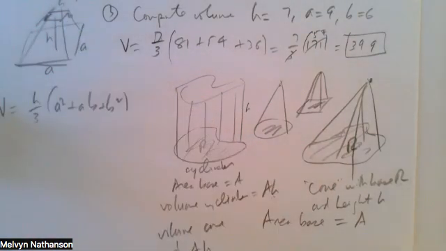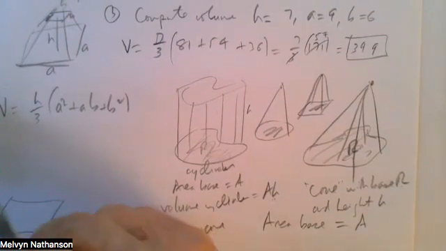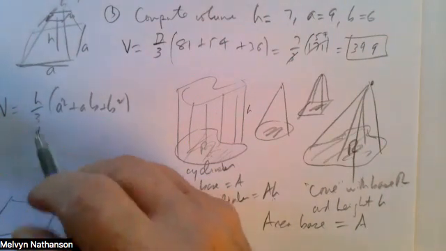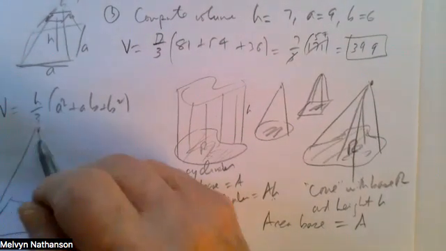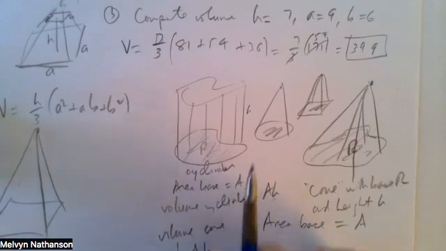Now, how do we get the volume of the frustum? So you can imagine, let's say, here's your square base. Suppose we construct the pyramid over that base.